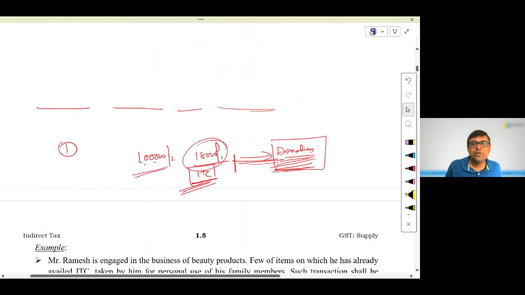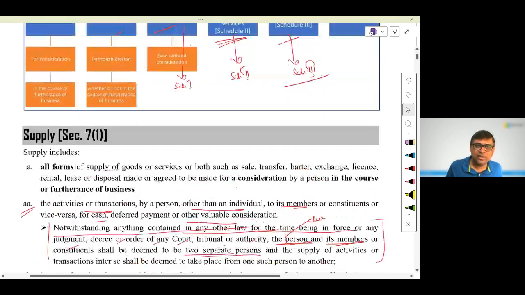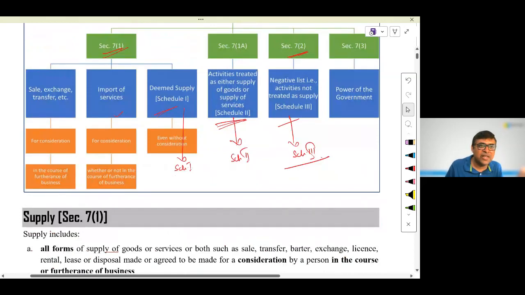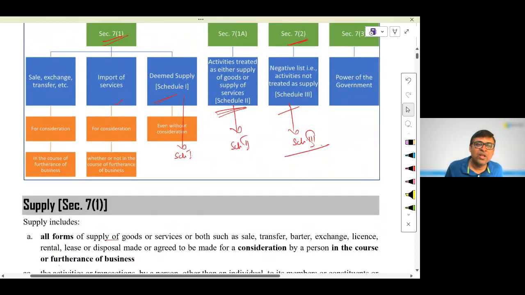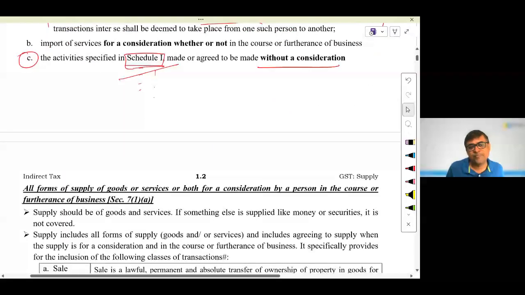Ideally, we know that Section 7 provides the definition and meaning of supply or deemed supply. We know that there are three elements which we are required to fulfill. There should be supply of goods or services or both. That supply should be for consideration and the supply should be in the course or furtherance of business.